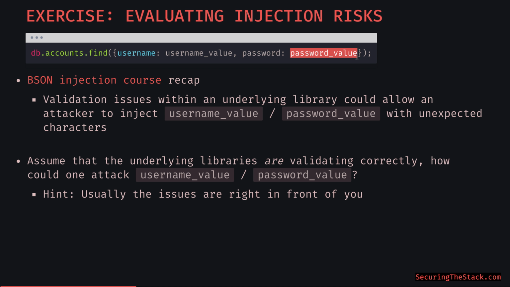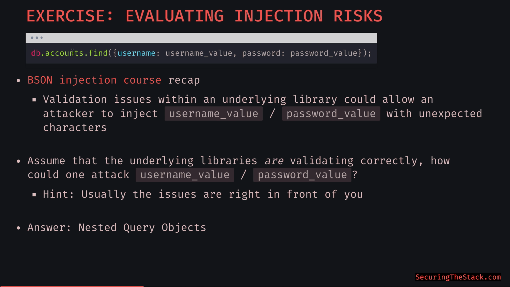The hint here, and this is just evaluating injection risks in general, is that this is a certain type of injection that we're about to see, and the issue of how this could be exploited is in front of you, in the overall construct. So just think about it for a second. You can pause the video, and I will continue in a few seconds.